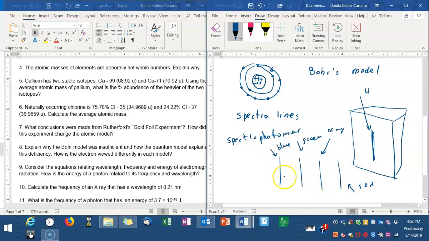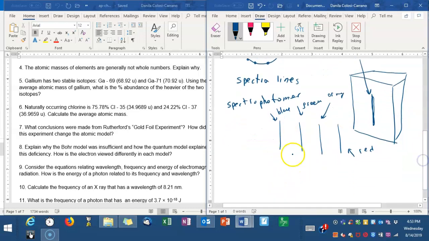But every single one of those colors corresponds to a specific wavelength, right? You remember this. So this, for example, was 400 nanometers. This one was 780 nanometers. All of those are readings that you will do with the spectrophotometer.